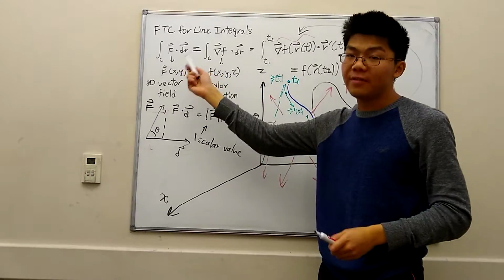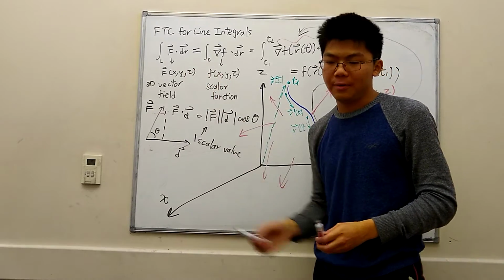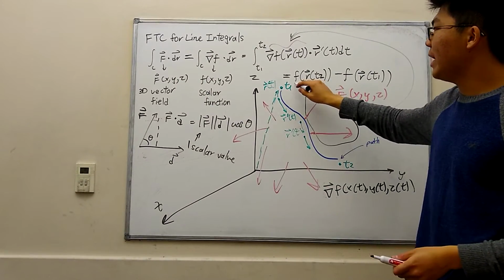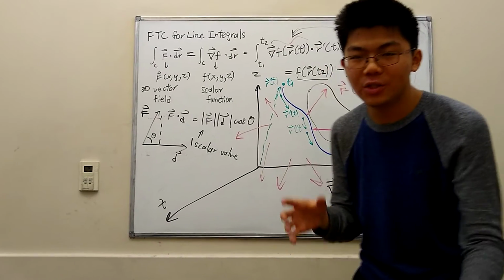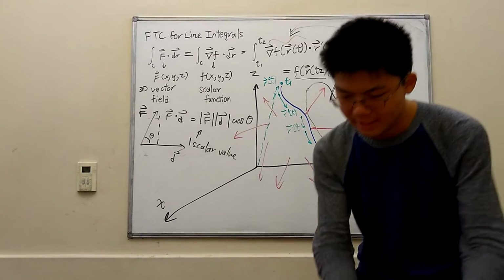And we would get a scalar value for our line integral. But why do we end up with a function over here? Well, the explanation has to do with parametrization.